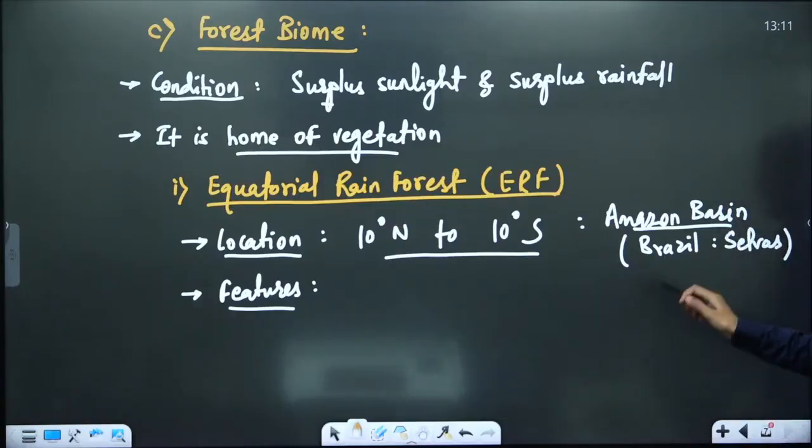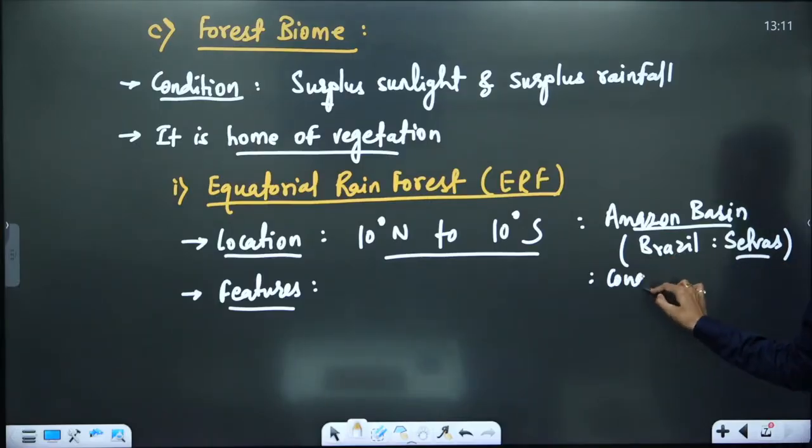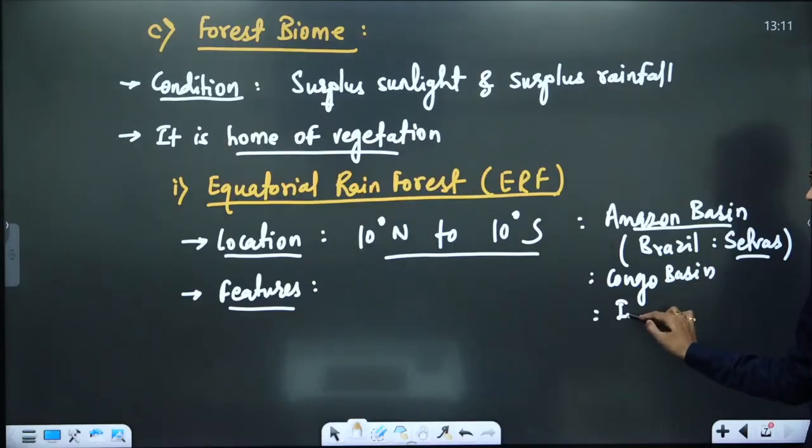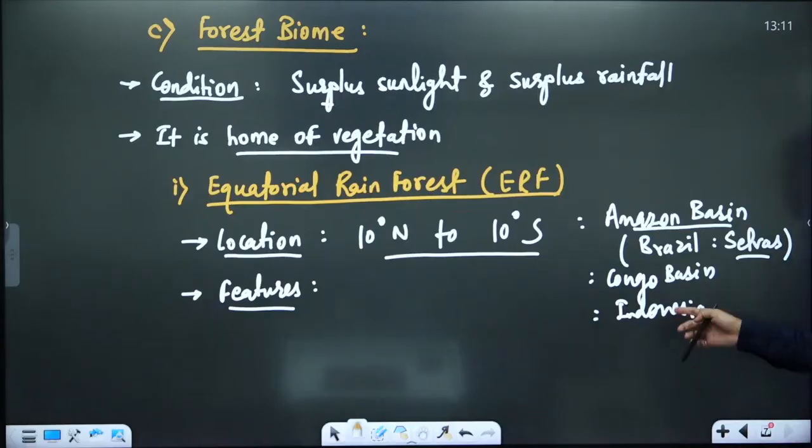Right? In Brazil, this forest is called selvas. So that is an important term. Okay. Then Congo basin and Indonesia. These locations you should be aware of. Amazon basin, Congo basin and Indonesia have this kind of forest.